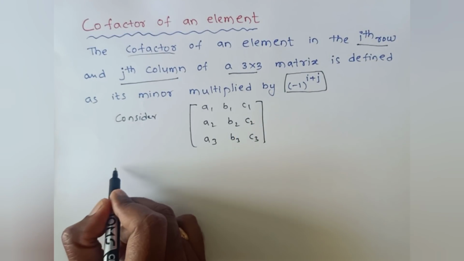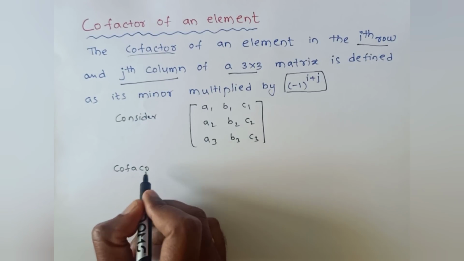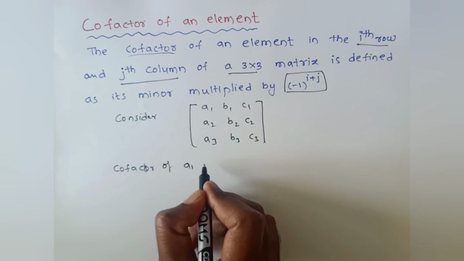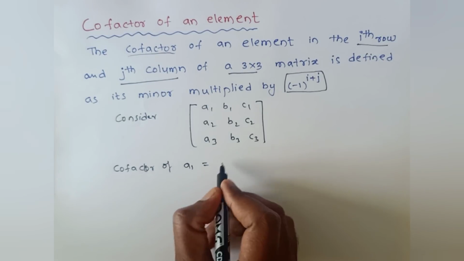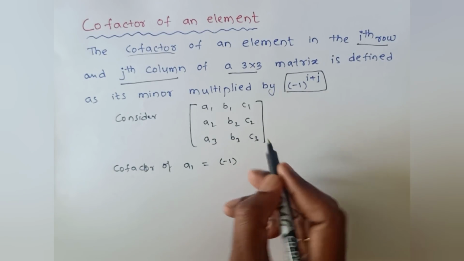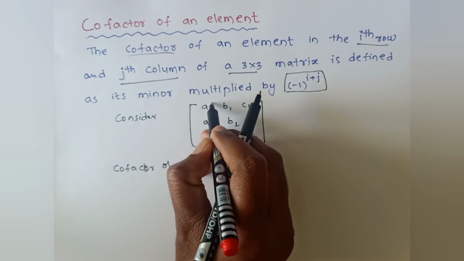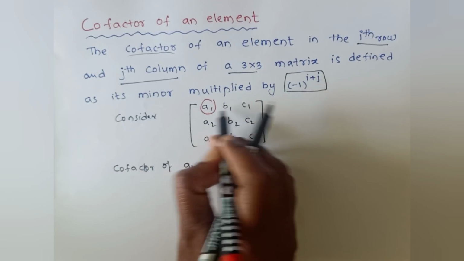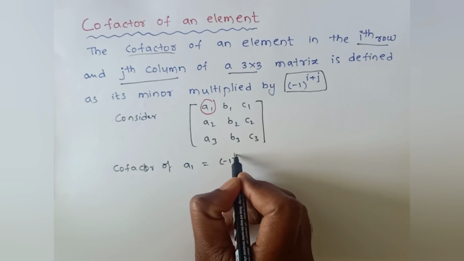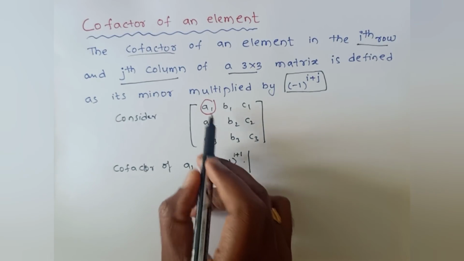Let's find out the cofactor of the first element, let it be A1. See the definition: minus 1 to the power of i plus j, where i and j indicate where the element is present. The element A1 is present in the first row, first column. Therefore, this is minus 1 to the power of 1 plus 1 into the minor of this element.